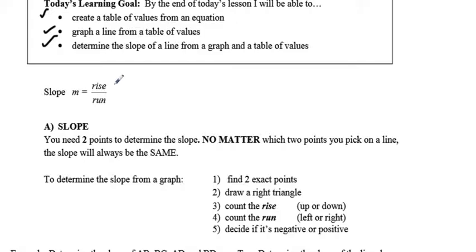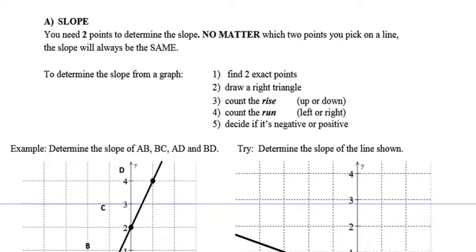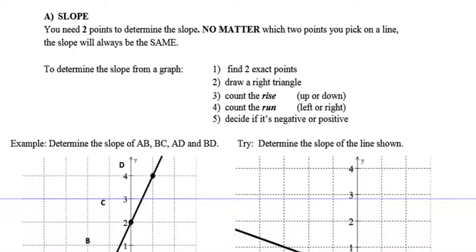And we measure the slope of a line by counting on a graph the rise compared to the run. So we get this ratio or fraction that represents the numeric value of the slope. All right, so for slope, you always need 2 points on your line. And it doesn't matter which 2 points you pick, your slope's going to be the same.